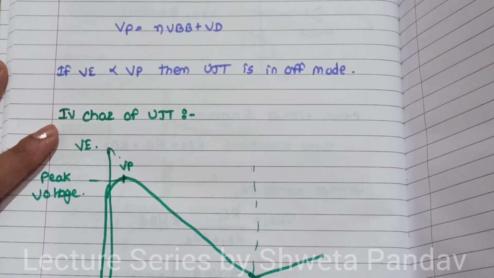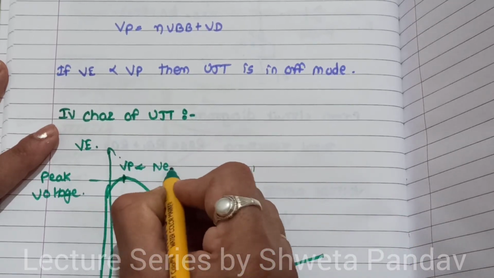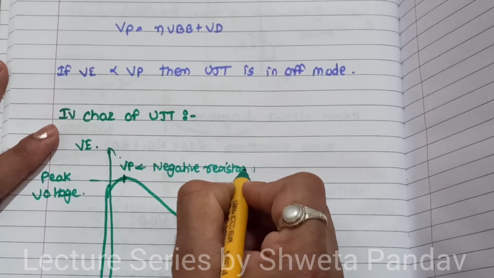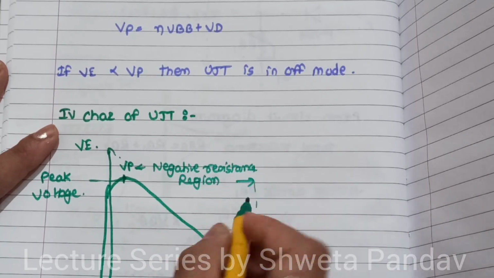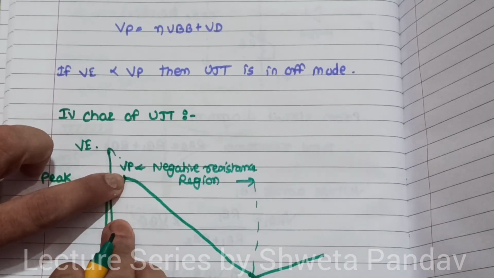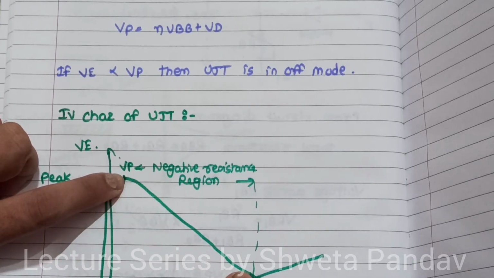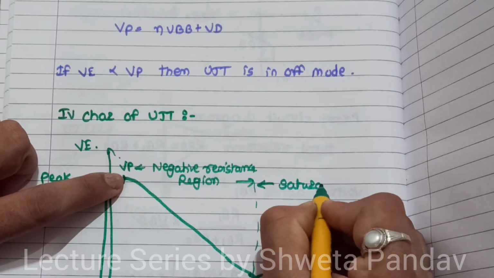At this valley point, the current is IV. This region is called the negative resistance region. After the UJT is turned on, the voltage across the emitter starts decreasing, and because of this it is called the negative resistance region. After reaching the valley point, the UJT goes into the saturation region.